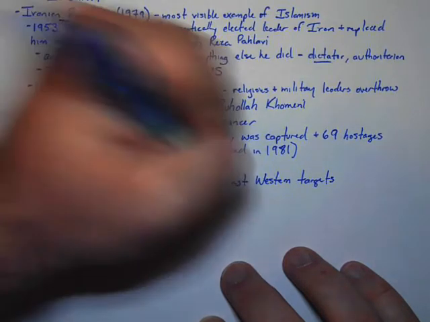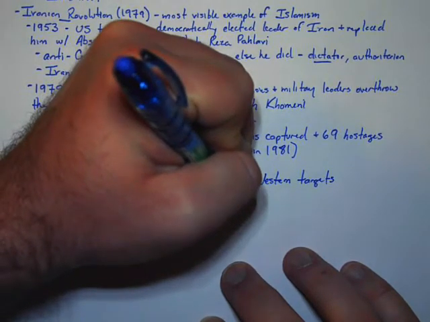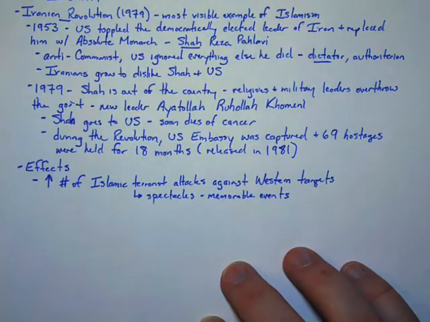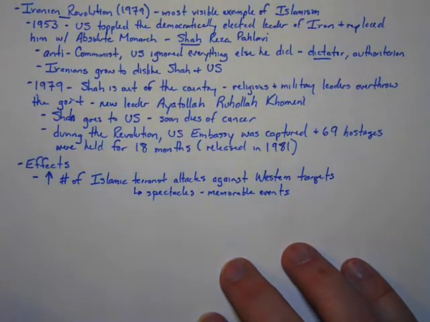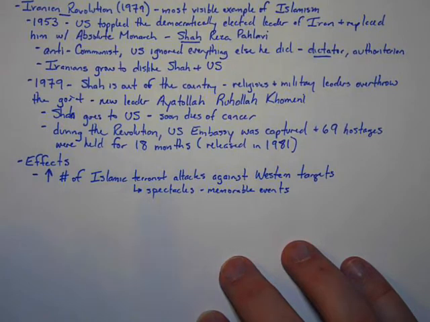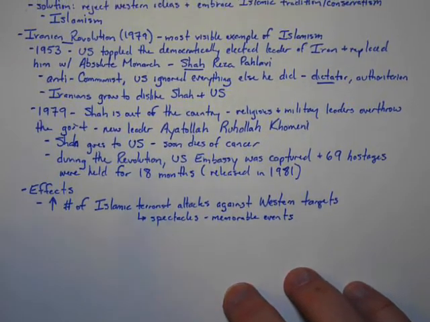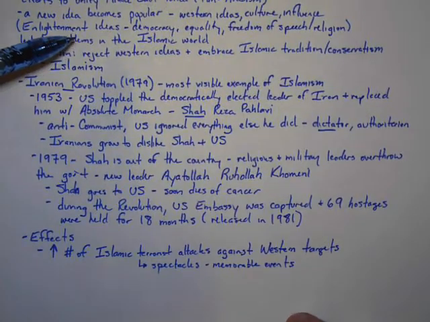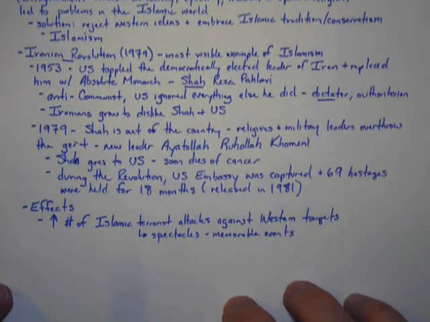They are meant to be memorable events. And so maybe the most famous of these is the September 11th attacks. But soon after the Iranian Revolution, we see an increase in the number of these attacks against Western targets, because the idea is that Islamists want to force Western ideas and Western culture out of the Islamic world.